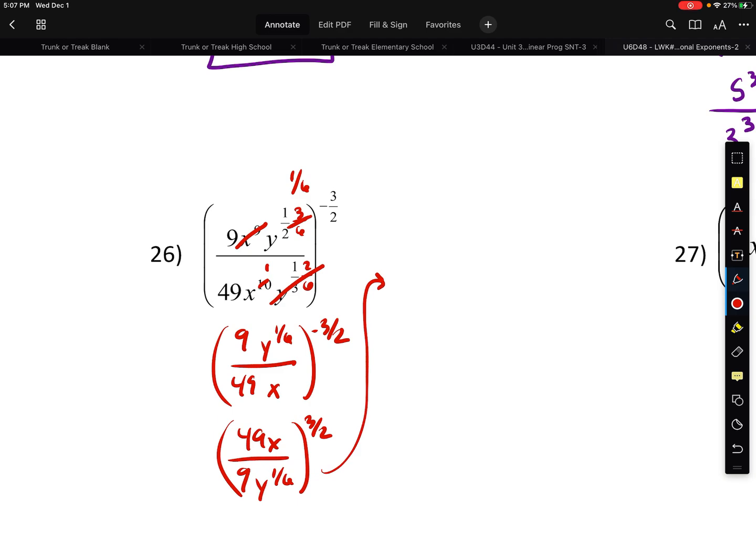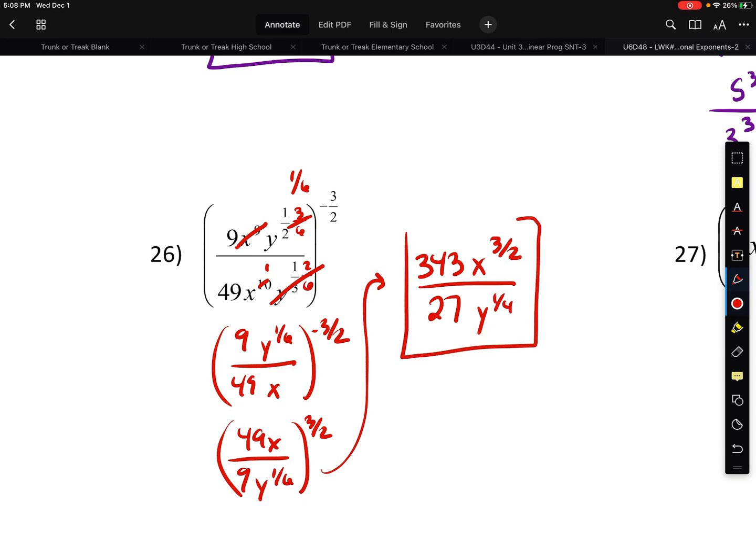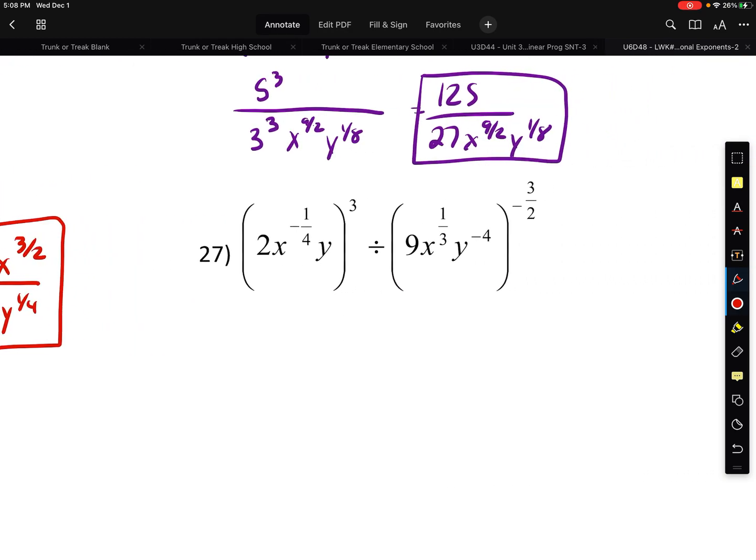So if I take the square root of 49, I got 7, raised to the 3rd power, 343. x to the 3 over 2. Square root of 9 is 3, squared, cubed is 27. Then I got 3 over 12, which is 1/4. Key idea: I see that negative, I make that positive.